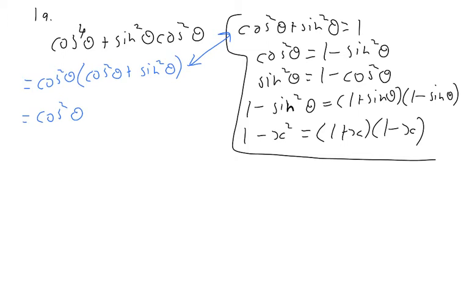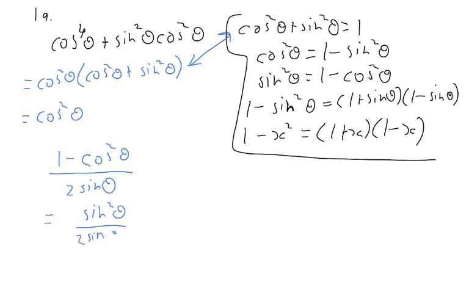So if I gave another one, and I had 1 minus cos squared theta over 2 sine theta, and I asked you to simplify that, well, we can look at it and go over here: 1 minus cos squared theta, oh, well, that's going to be sine squared. So we've got sine squared theta over 2 sine theta.